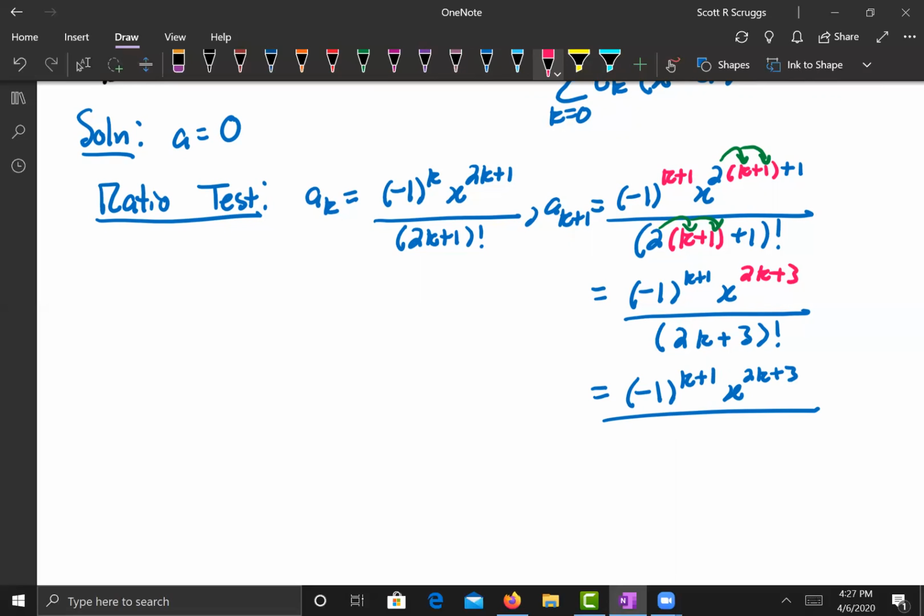But for the 2k plus 3 factorial, I can always rewrite that as 2k plus 3 times, subtract 1 from it, 3 minus 1 gives me 2, 2k plus 2, times 2k plus 1 times 2k minus 1, which I could just group together as 2k plus 1 factorial. And I want to rewrite that in that form because when I do my step for the ratio test, it's going to make our work a whole lot easier.